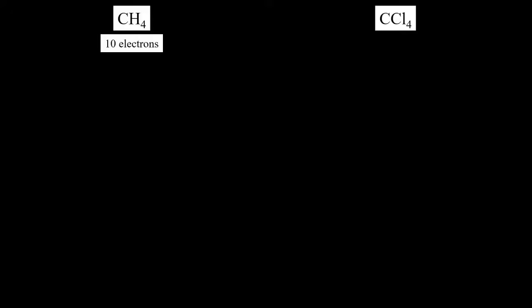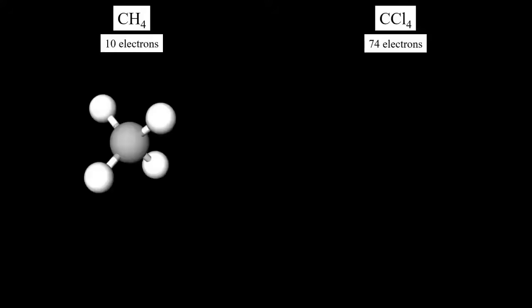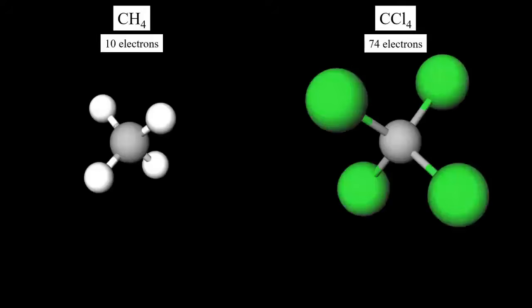But CCl₄ would be a carbon atom, 6 electrons, plus 4 chlorine atoms that are 17 electrons each. So 4 times 17 is 68, plus 6 is 74. So CCl₄ has a much larger electron cloud, and you can see this in the model and compare.